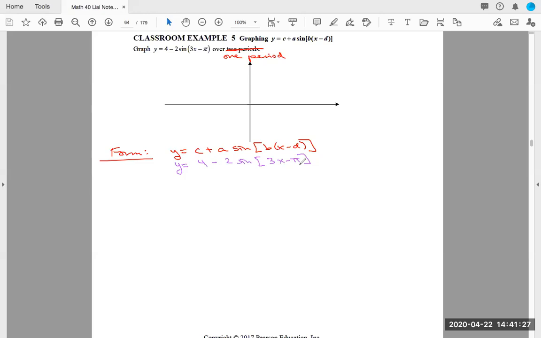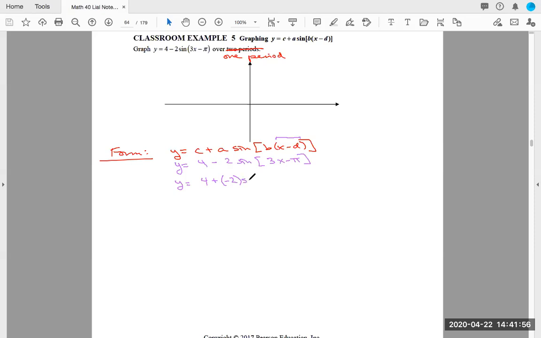This is not the form B times (x minus D). Notice that there's a factor right next to B here, but there's not a factor right next to B here. You don't see parentheses between the x and the D value. So we have to do some rearrangement. For the 4, I'm going to put a plus sign here to match the form, and then give the negative to the 2 for the A part.